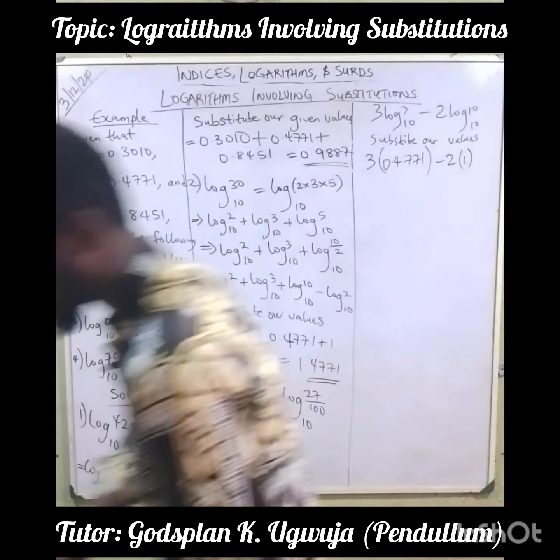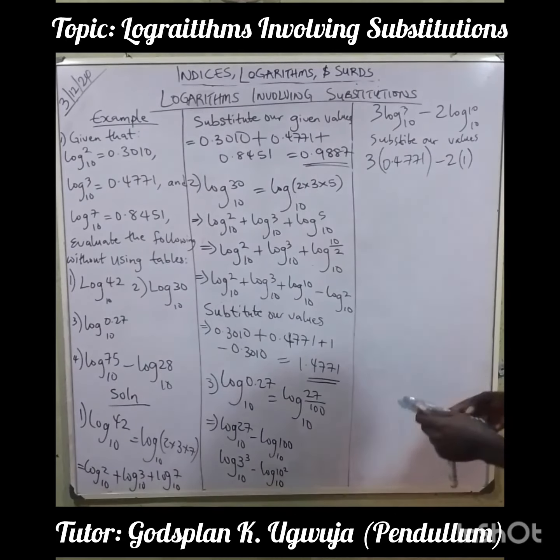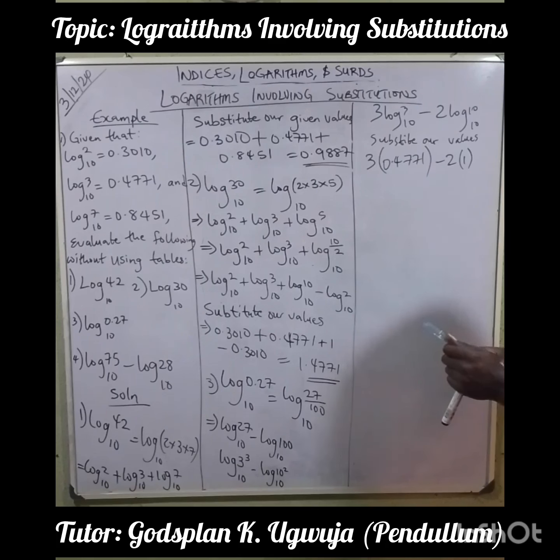Alright, so let's multiply this with my calculator. We have 3 times 0.4771.